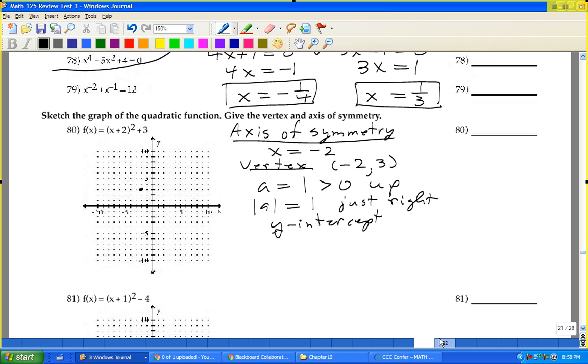Okay, so to find the y-intercept, well, you just set x equal to 0. And so you get 0 plus 2 squared plus 3. 2 squared is 4 plus 3 is 7. And so it's at 0, 7. So 3, 4, 5, 6, 7. And so the graph should look something like, that's 2 away.